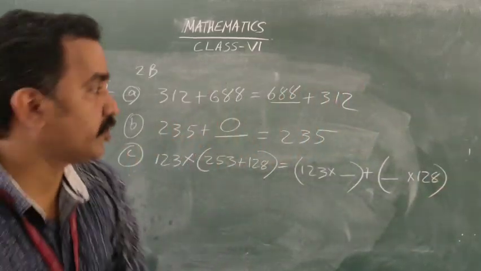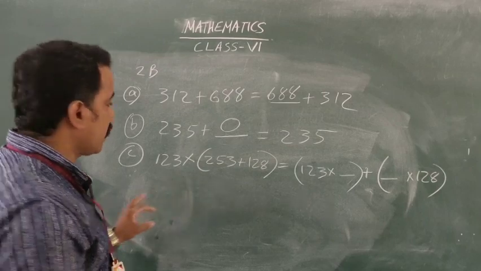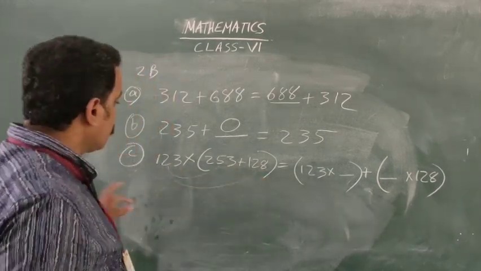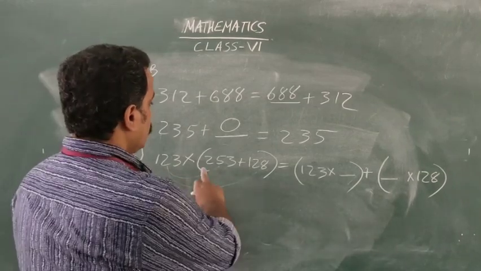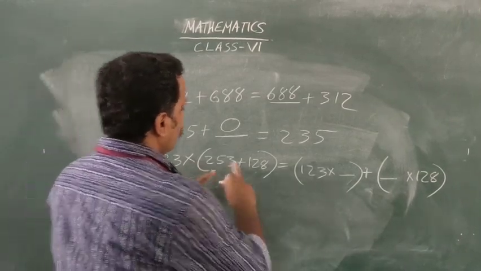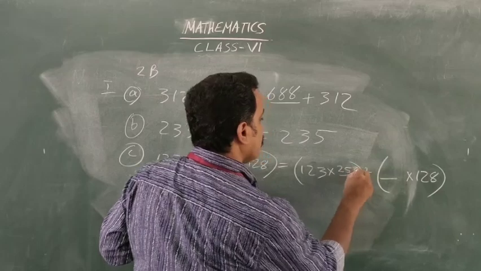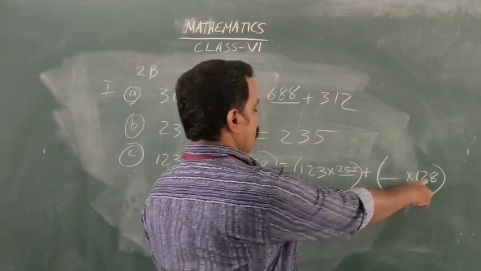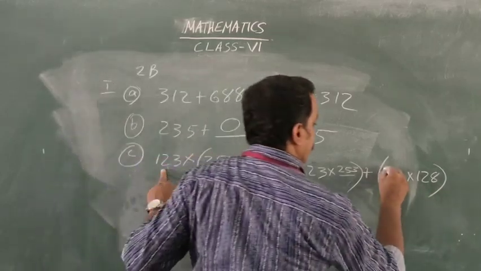In this case, distributive property. What we are distributing here is 123. So the first term will be 123 into 253. Now 123 into 128. 128 is already there, so 123 we have to write.